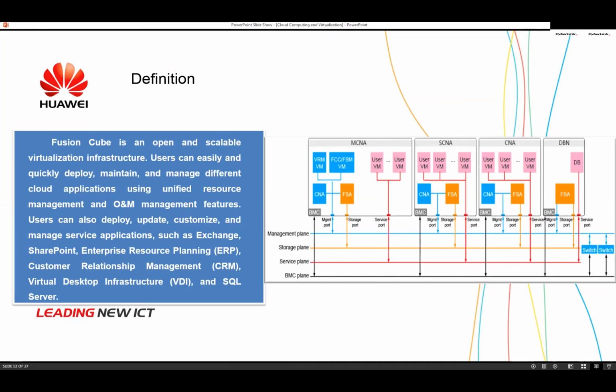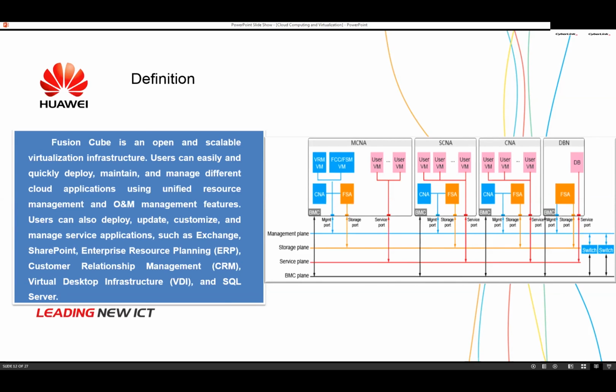On the right side, we can see the basic architecture of Fusion Cube. Of course, for example, as with Fusion Compute, we can use any x86 server.